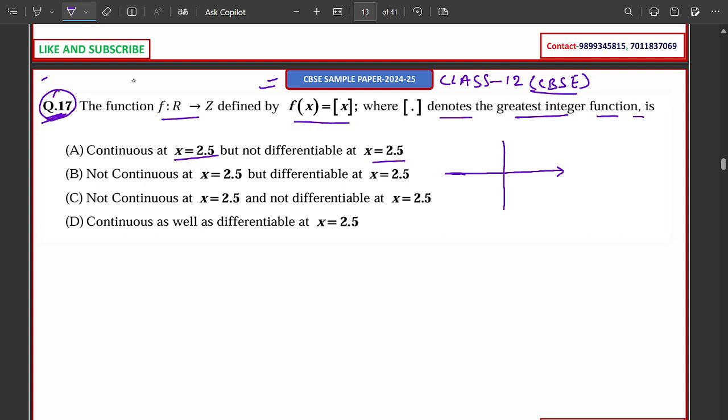Suppose we make a graph for the continuous function. So we all know the graph of the continuous function looks like that.